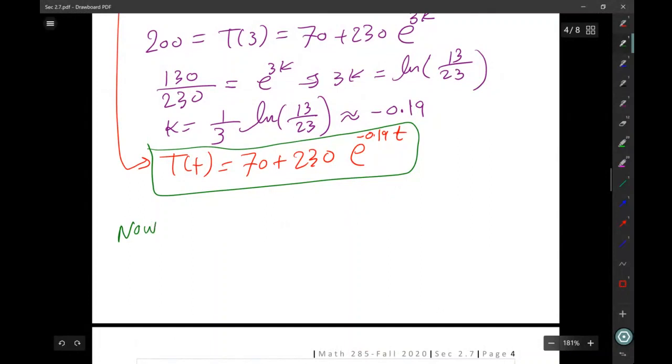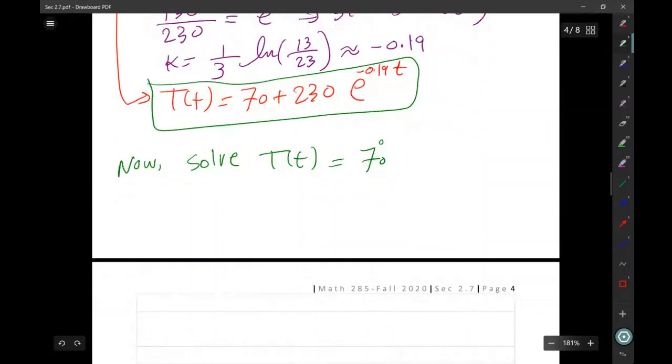Now I have to solve T of t is equal to 70 degrees. When will it be 70 degrees? The value of time will be 0. I mean you have to solve it for the time. Right? Yes, correct.